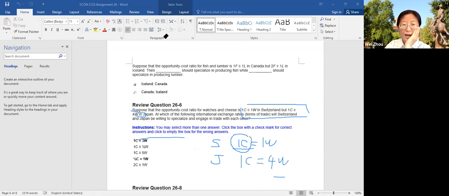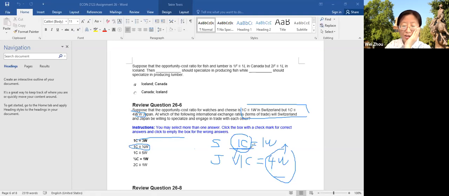Japan is going to make the watch and Switzerland is going to make the cheese. So Switzerland is going to sell the cheese to Japan, and Japan sells the watch to Switzerland. But how are they going to exchange? All right, let me ask you. Is this going to be a good trade?